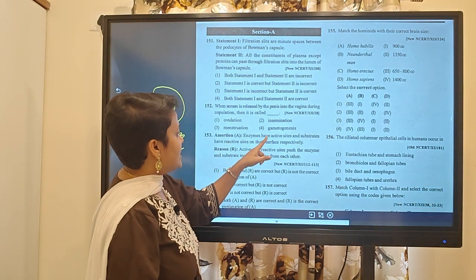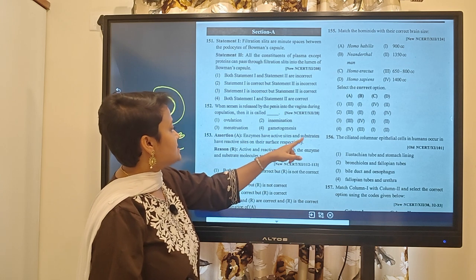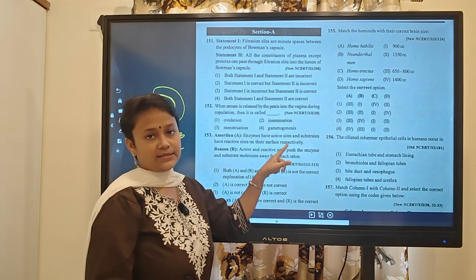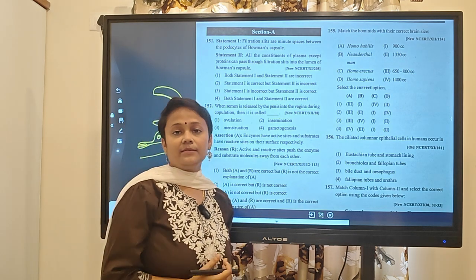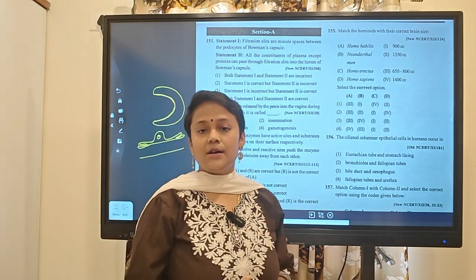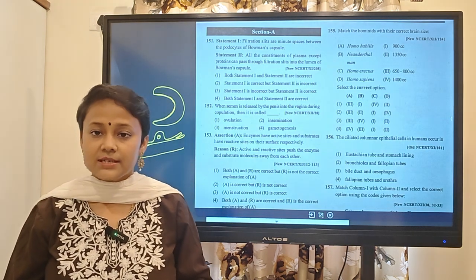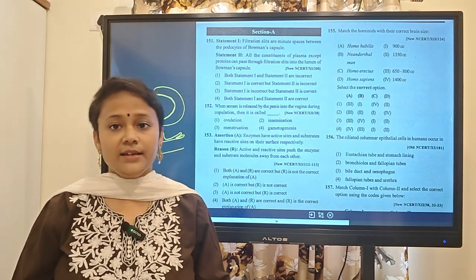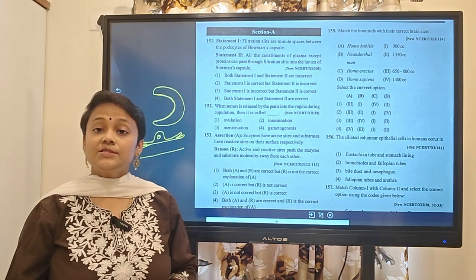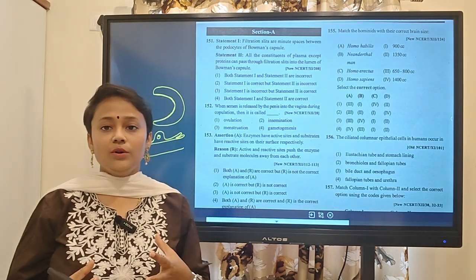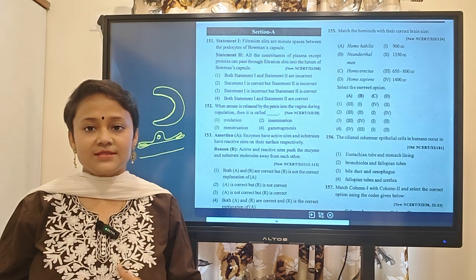Enzymes have active sites and substrates have reactive sites on their surface respectively. We know that most of the enzymes are made up of proteins. Proteins will have primary structure, secondary structure and tertiary structure. This tertiary structure looks like a hollow woolen ball, right?